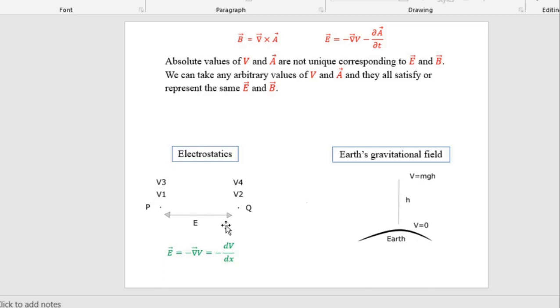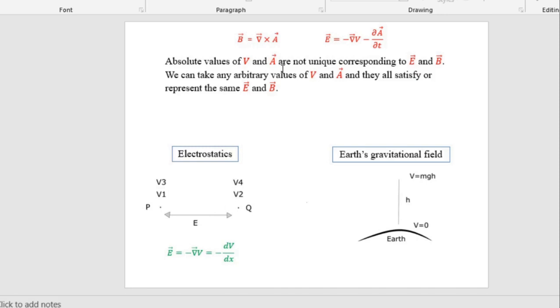So from this example, now it is clear that in this present discussion about the electromagnetic potentials, we are trying to understand the same property as we have just seen in case of electric potential and electric field.